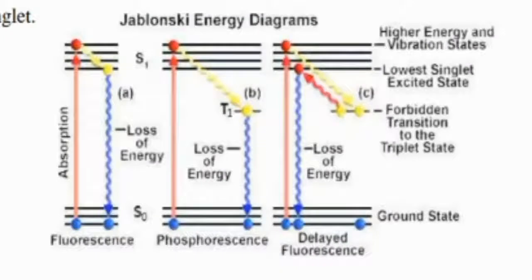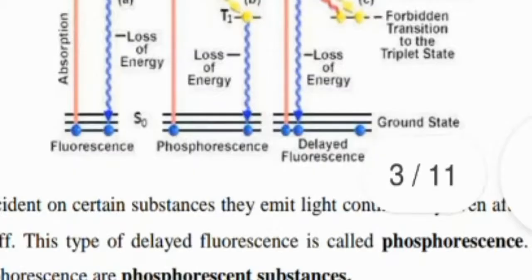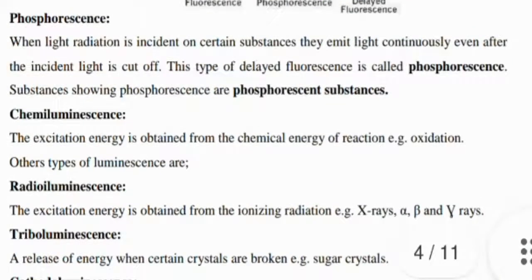Also you can see the picture here. First one is fluorescence, second is phosphorescence, third is delayed fluorescence. Now what is phosphorescence? When light radiation is incident on certain substances, they emit light continuously even after the incident light is cut off. This type of delayed fluorescence is called phosphorescence, and substances showing phosphorescence are called phosphorescent substances.